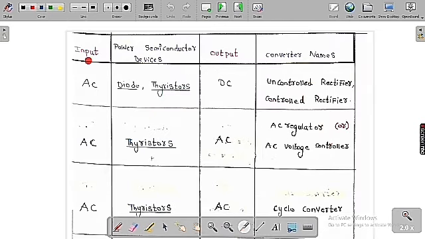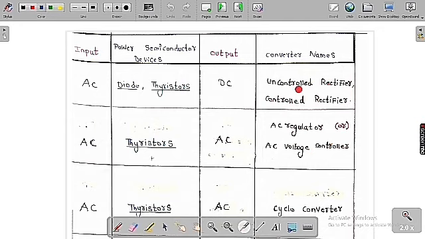So now we are going to study one more important concept: input, power semiconductor devices, output and converter names. See, if the input is AC and the power semiconductor devices which are used are diodes and thyristors, and if the output is DC, then we are going to call it the uncontrolled rectifier or the controlled rectifier.